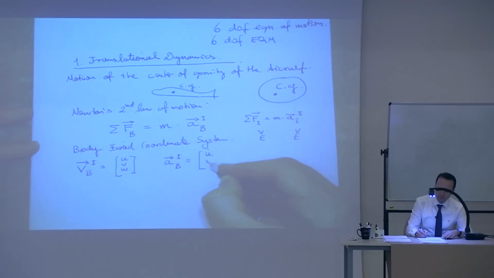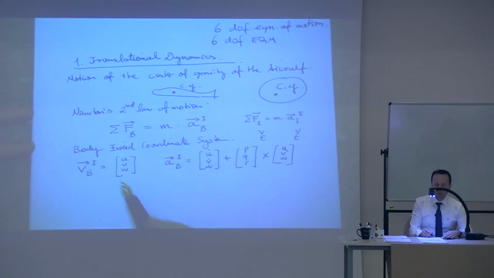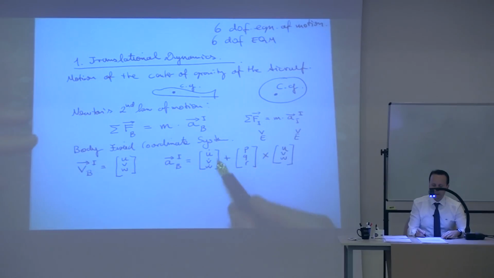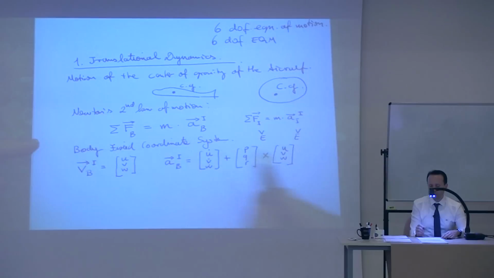It was U dot, V dot, W dot, plus P, Q, R, the angular velocities of the aircraft, cross product with U, V, and W. The velocity is here, cross product with the angular velocity of the coordinate system that is rotating, and U dot, V dot, W dot, and you would get the acceleration of the aircraft with respect to the fixed frame, which is the inertial frame in this case, written in the body axis system. So this would be your acceleration. Does that make sense?